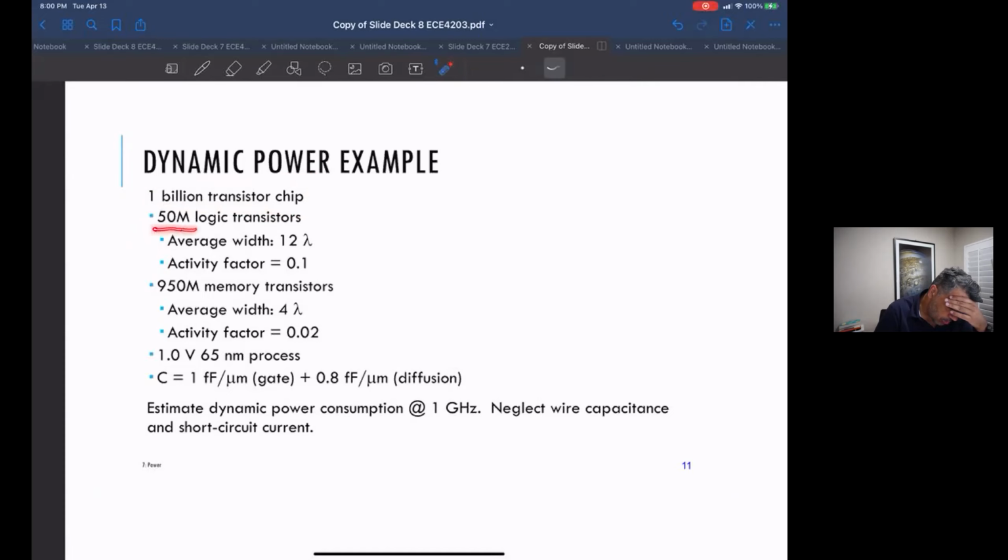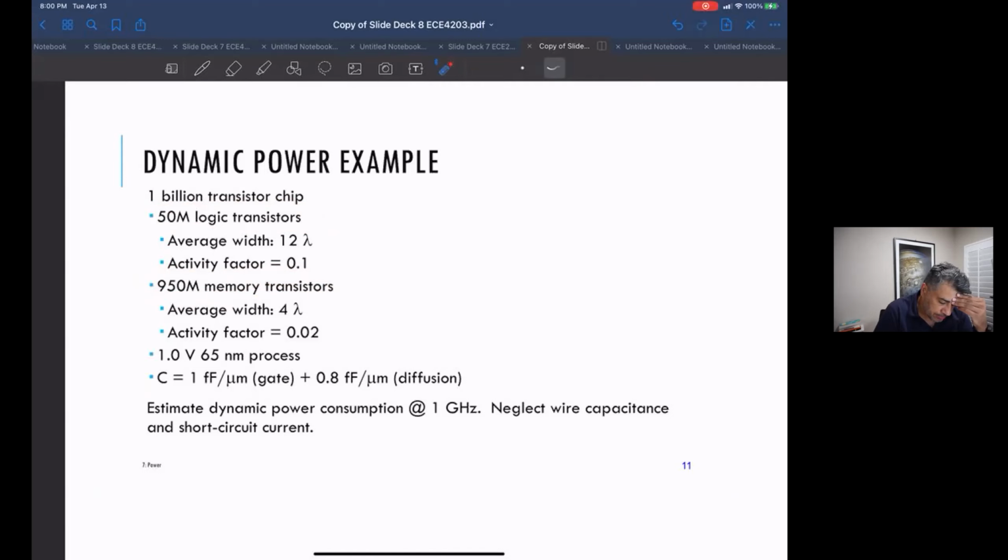A small minority, 50 million of the transistors, are logic functions, and the majority of the chip is memory transistors. That's dynamic memory, like the memory in your computer, say 64 gigabit of memory. So 950 million transistors are memory, only 50 million are logic.